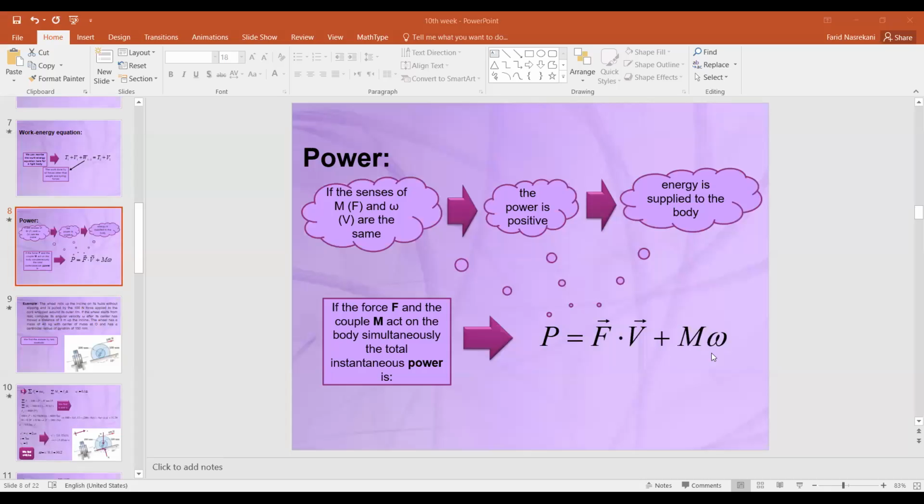Okay, we continue with the power. The last concept in this section is the power.